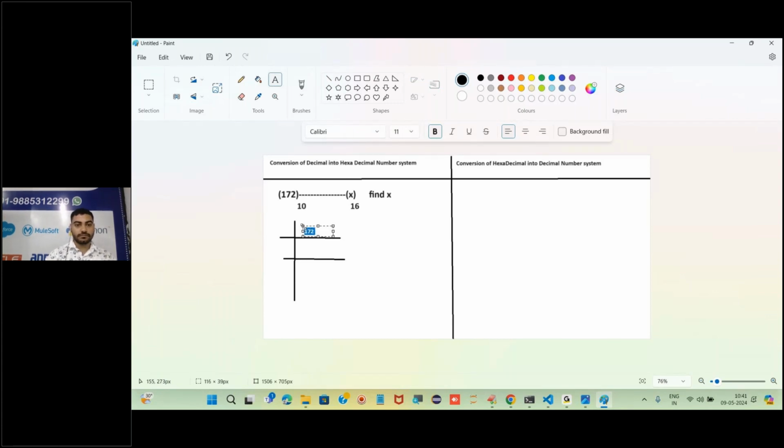Next, base is 16, so 16 I will write. Tell me what should be the answer? 10. So 10 here I will write. Remaining is 12. Remainder 12 it is. Next, can we go more? No, we can't go, right? So I will do one thing.